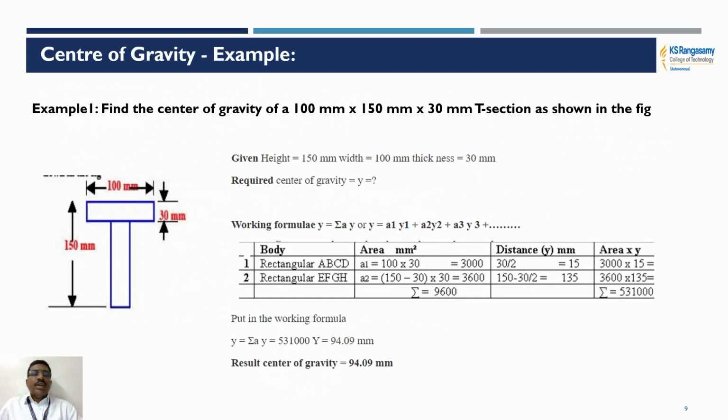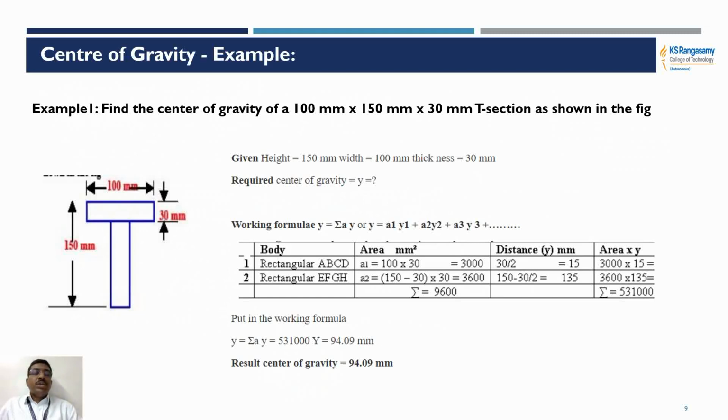First, consider the rectangle of the top portion, 100 mm by 30 mm. So the area A1 is 100 into 30, that is 3000 mm square. For the second section we take the rectangle EFGH, only the web portion.